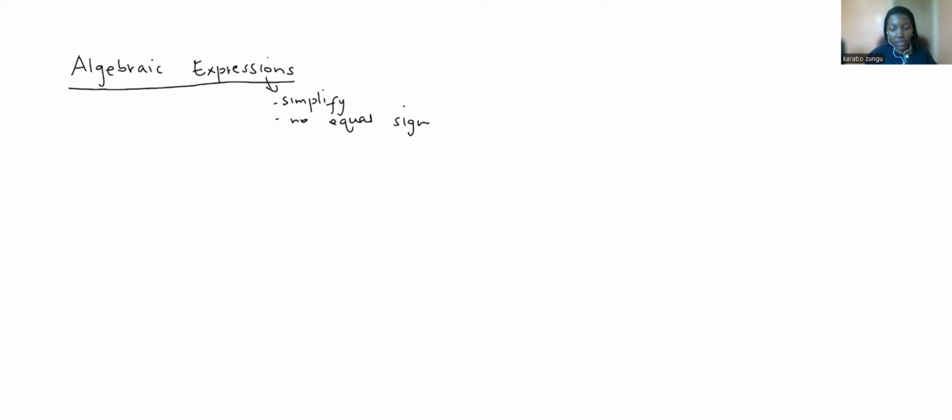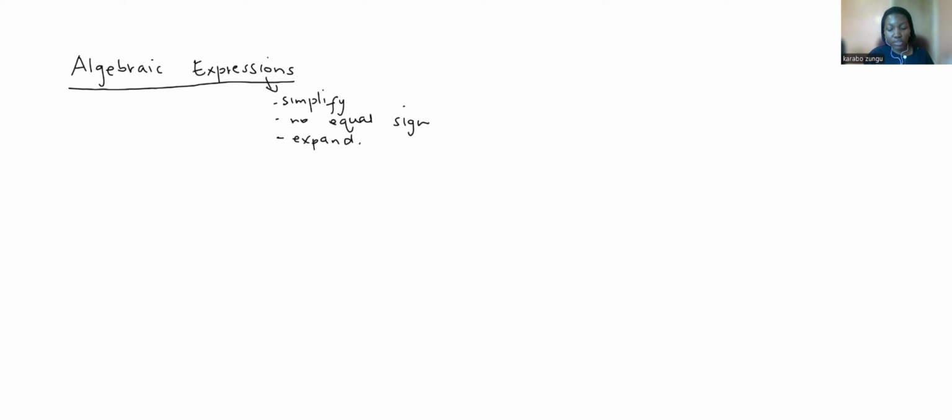A specific topic that we're going to be doing today is expanding. We are going to be expanding and simplifying, meaning that we will be multiplying binomials by trinomials, by monomials, whatever.